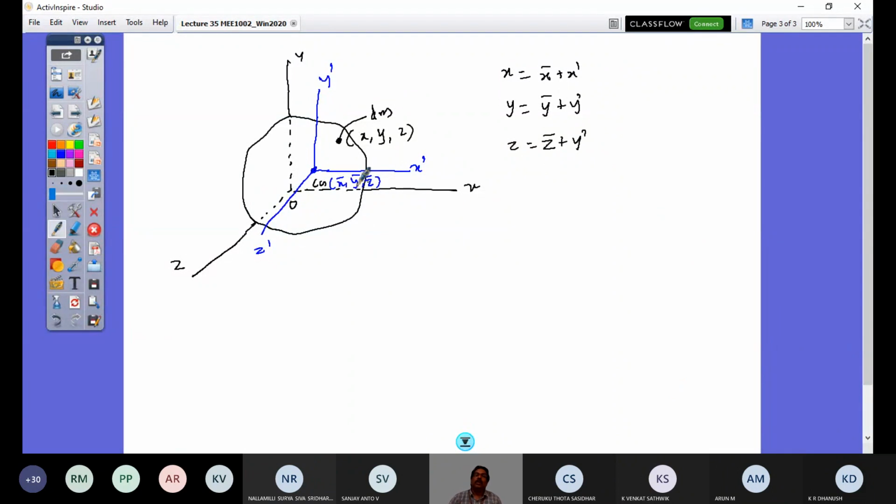So now, what is the definition? Ix, if I need it, is the integral of y squared plus z squared into dm.